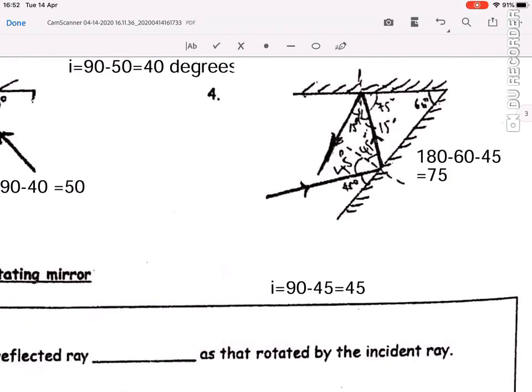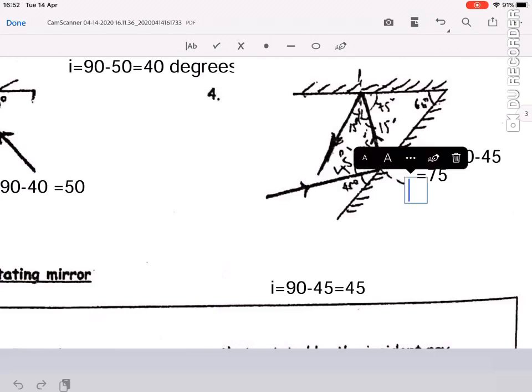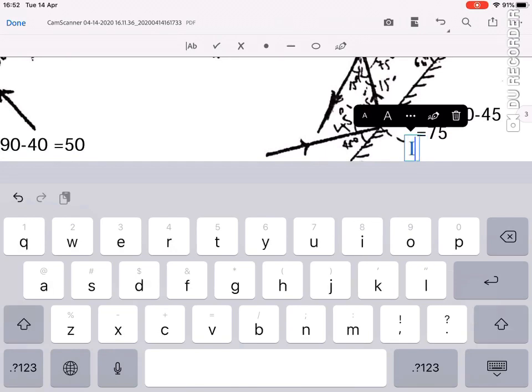Once you get the 75 on top, you will know that the incident wave would be equal to 90 degrees minus 75 degrees, which will give you 15 degrees.